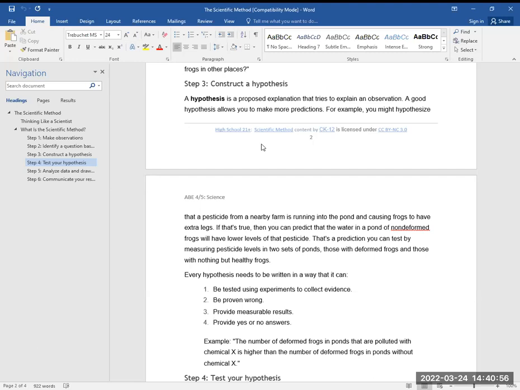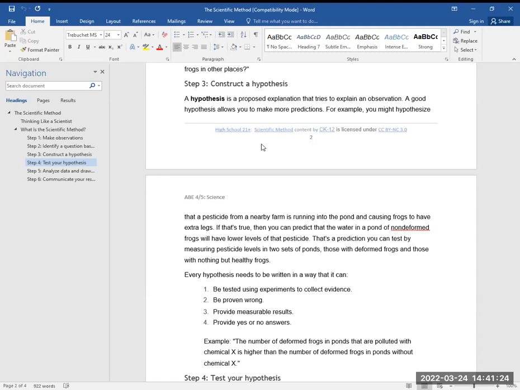If that's your hypothesis, that's a prediction you can test by measuring the level of pesticide in 2 sets of ponds, those with deformed frogs and those with nothing but healthy frogs, right? So with the hypothesis, basically, you think, okay, if I do this, then the results should be this, okay? Then you set out to do that.